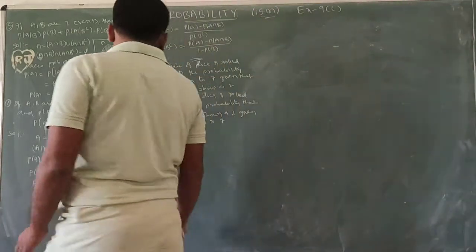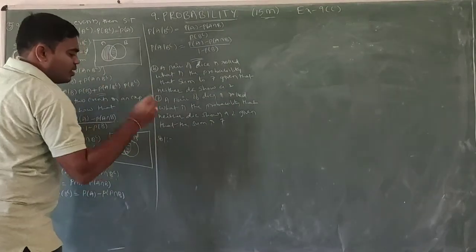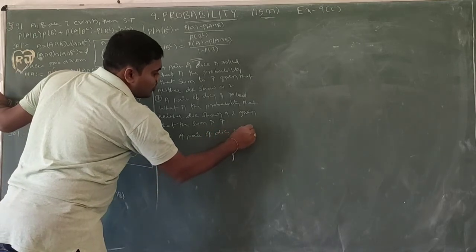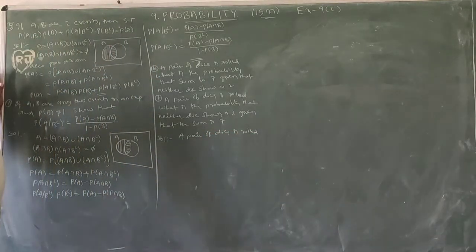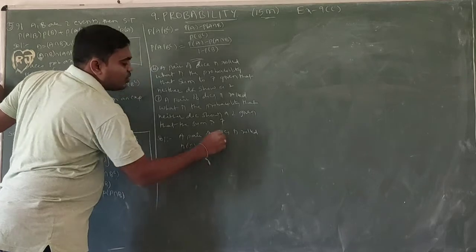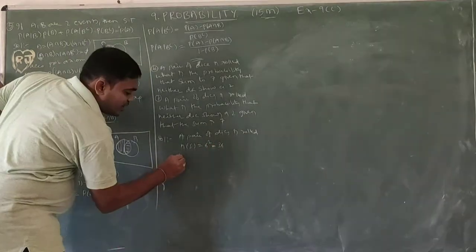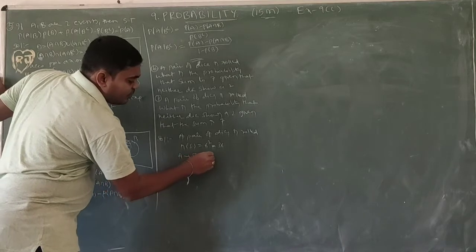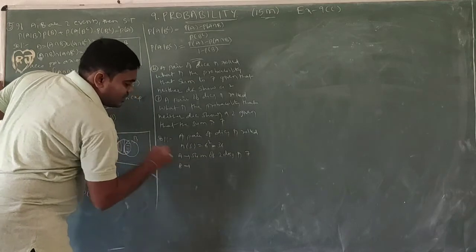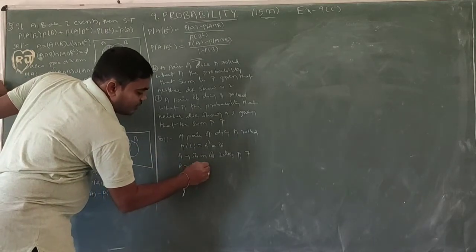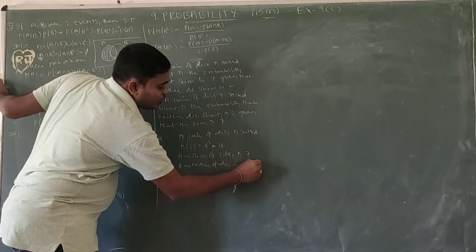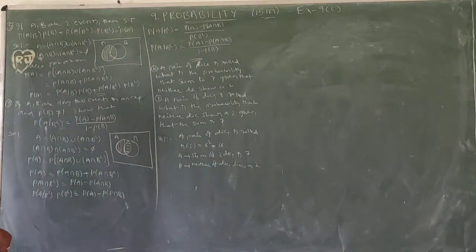So for both solutions, a pair of dice is rolled, so n(S) equals 6 squared, equal to 36. Next, A is the sum of the 2 dice is 7. B implies neither of the dice shows 2.